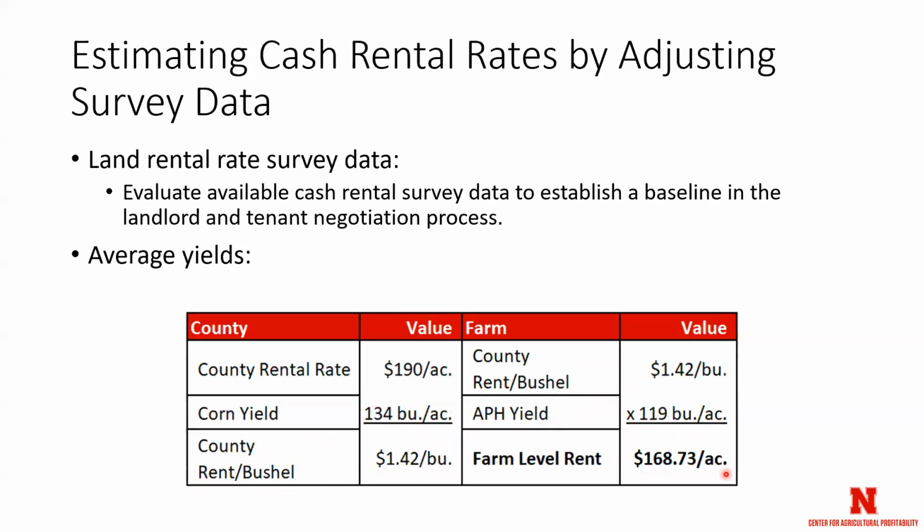That gives us the adjusted farm level cash rent of $168.73 an acre. We take what we know on the left-hand side and apply it to a situation we don't potentially know. If the farm we were going to try renting was, let's say, producing 139 bushel per acre, you would have an example where you would step the cash rent up from 190 a little bit higher because you're renting something that's a little bit better.